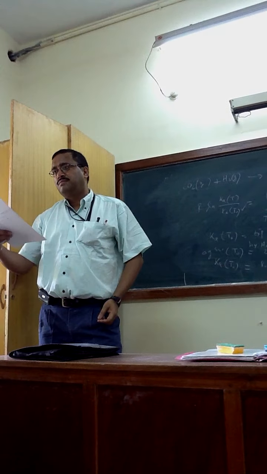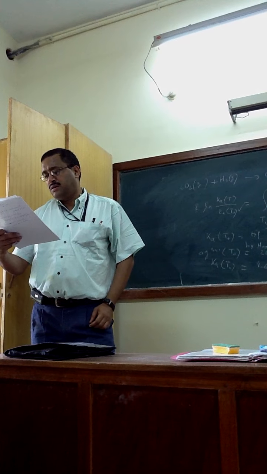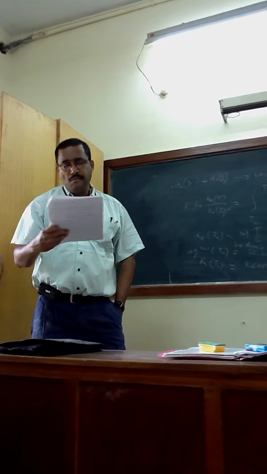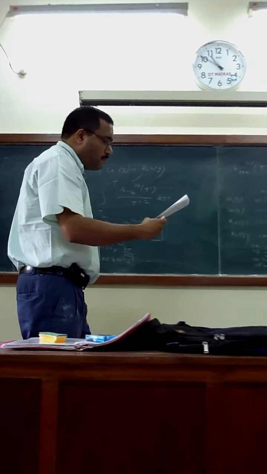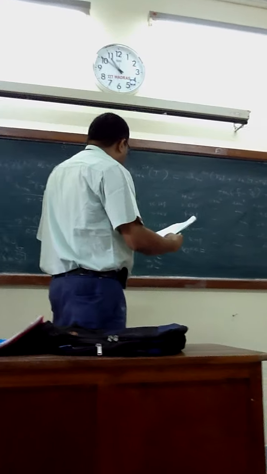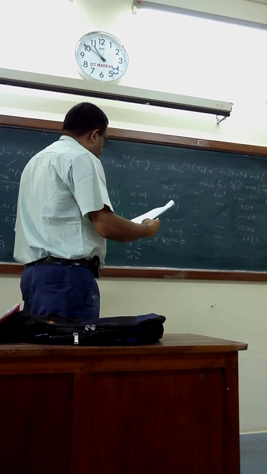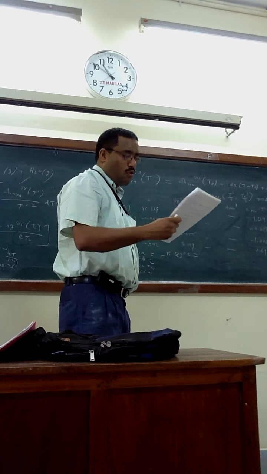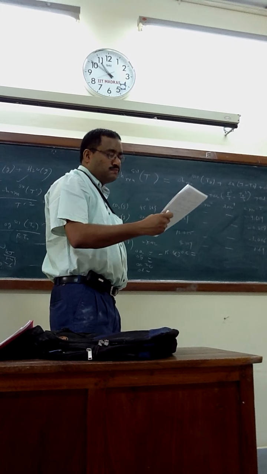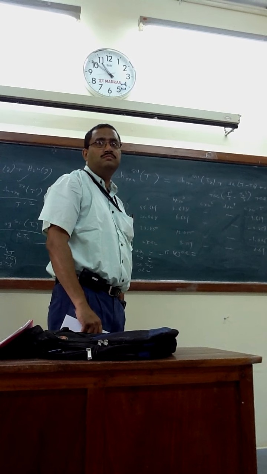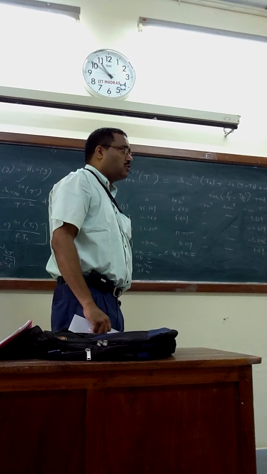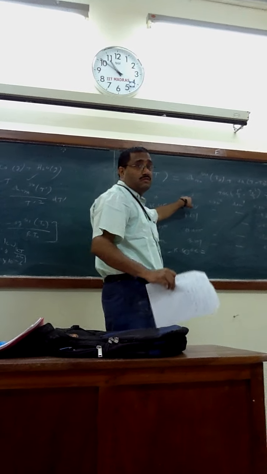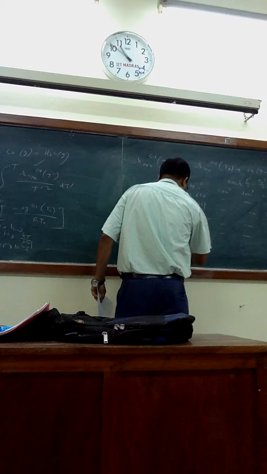Delta B. 9.0. How much is delta B coming? 4.489, into minus 3. 4.489 into minus 3 is there, no? This is being reduced by 3.